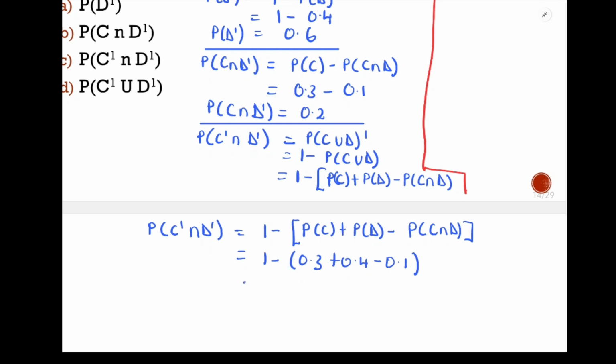When I simplify that, I end up with the probability as 0.4. So that is the probability of C complement intersection D complement.